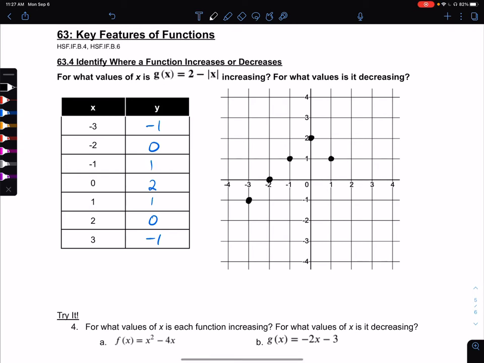We go back down: 1, 1; 2, 0; and 3, -1. So our graph looks something like this. Let's make those arrows so we know it goes on forever, which will be part of our increasing and decreasing.